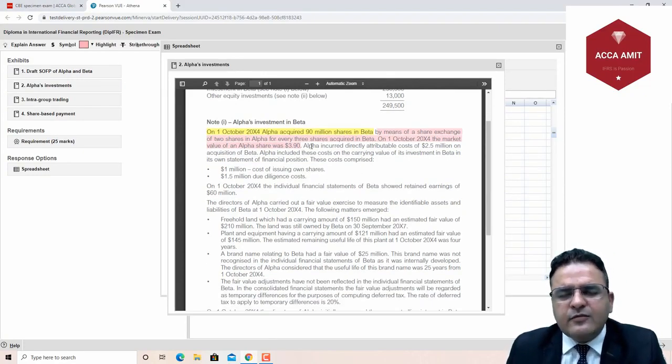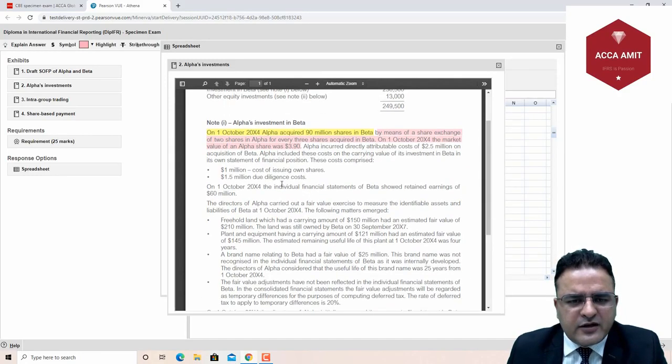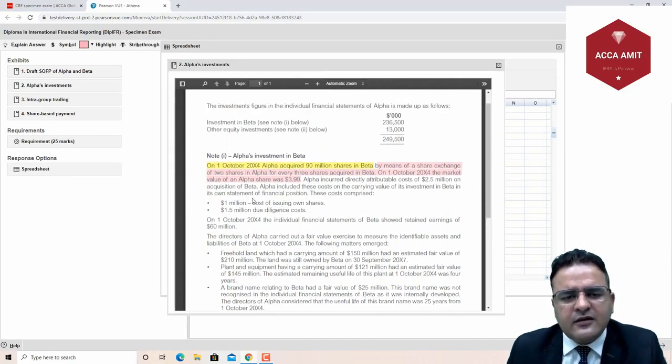Alpha incurred directly attributable cost of 2.5 million on acquisition of Beta. Alpha included these costs in the carrying amount of investment in Beta in its own statement of financial position. These costs comprised 1 million cost of issuing own shares and 1.5 million due diligence cost. Now this 1 million cost of issuing own shares should be deducted directly from equity, and this 1.5 million due diligence cost should be charged as an expense in profit and loss account of the parent.